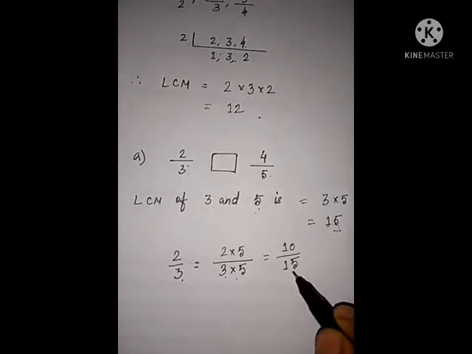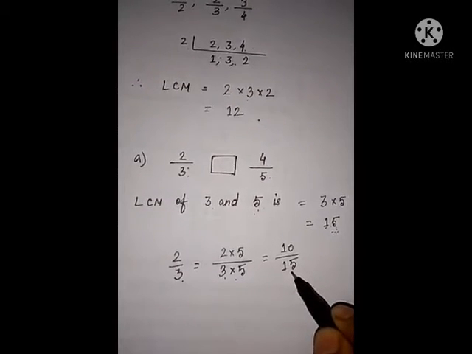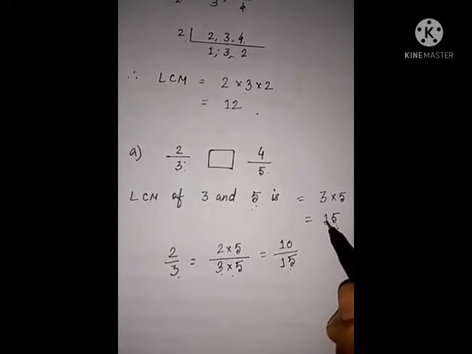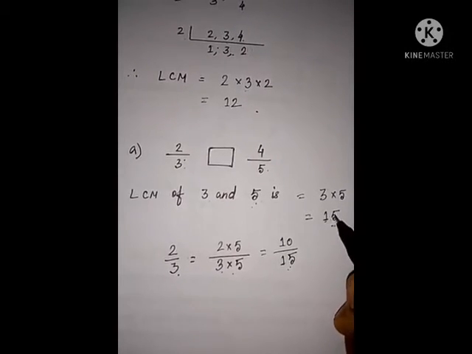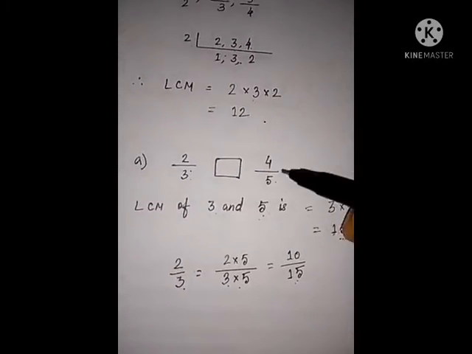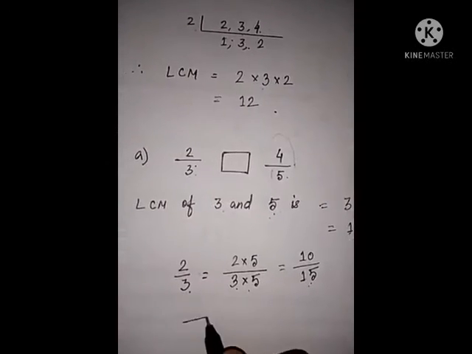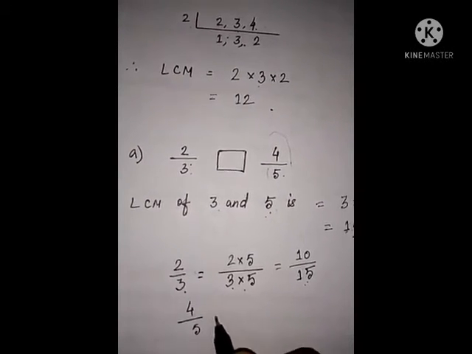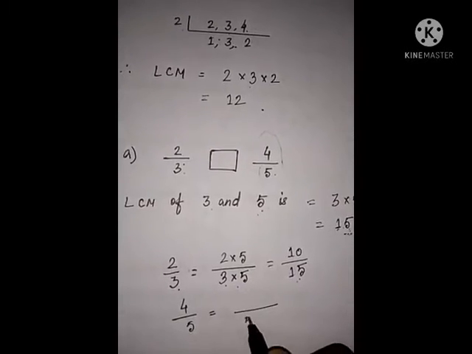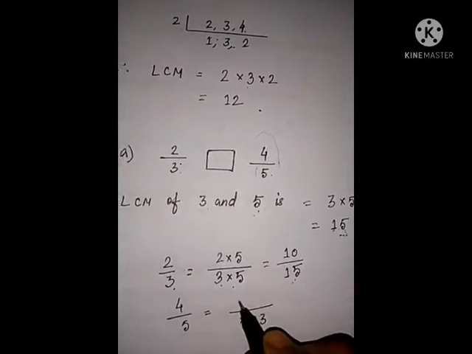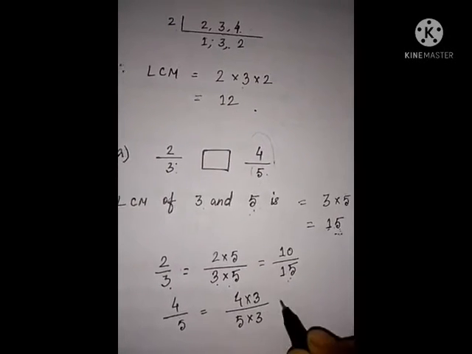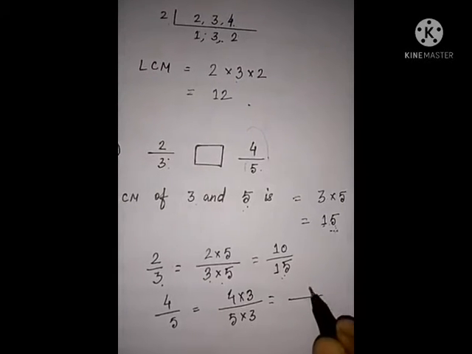Now here we have found 15 as the denominator, which is equal to the LCM. Okay, now it's done. Five 3s are 15. For this one we have to multiply 4 by 3.